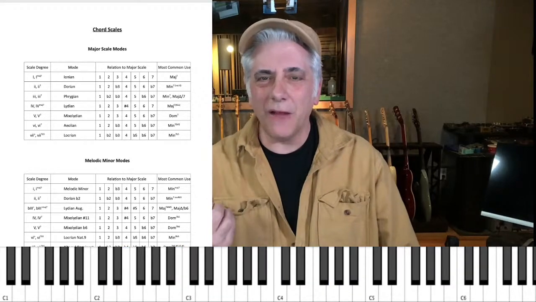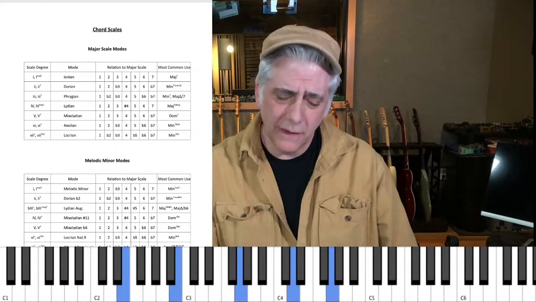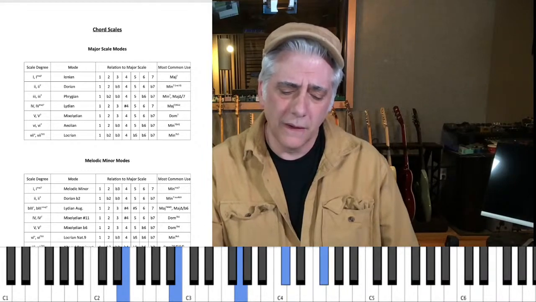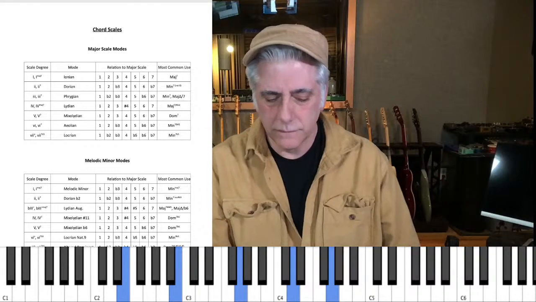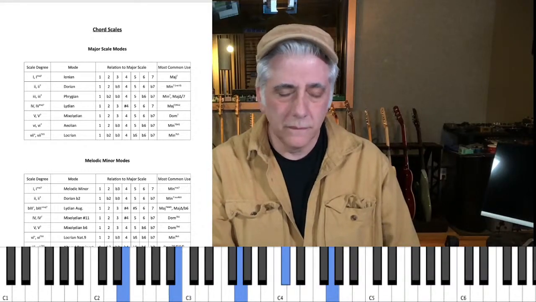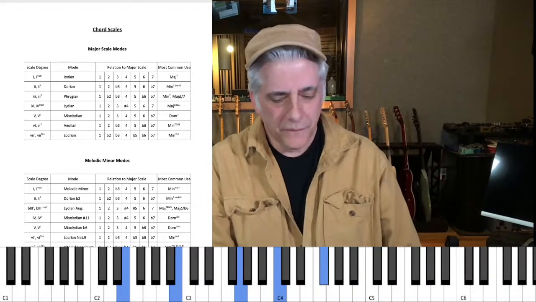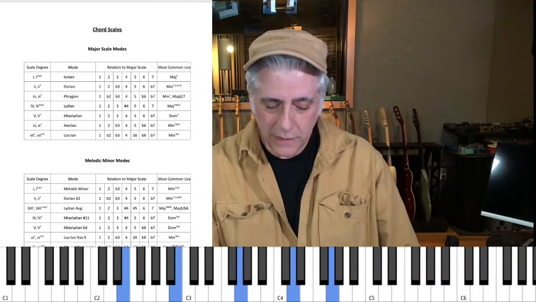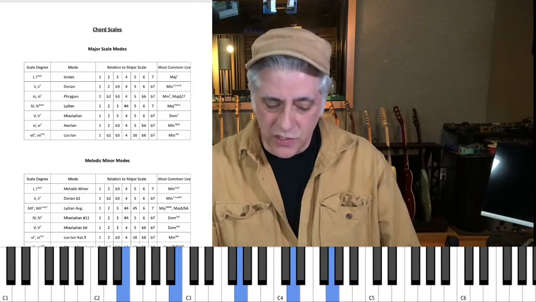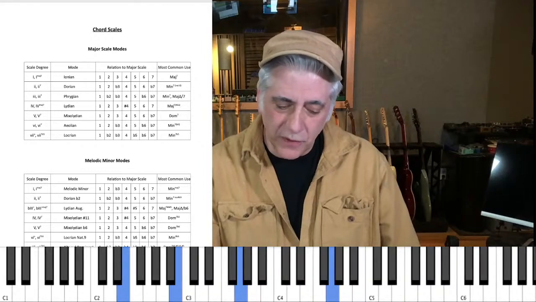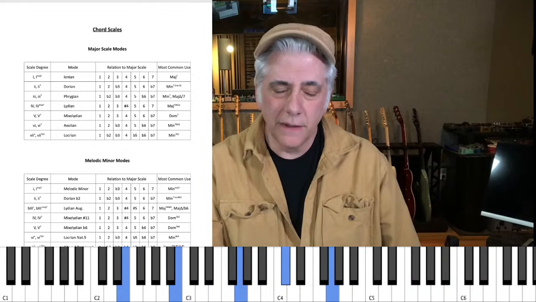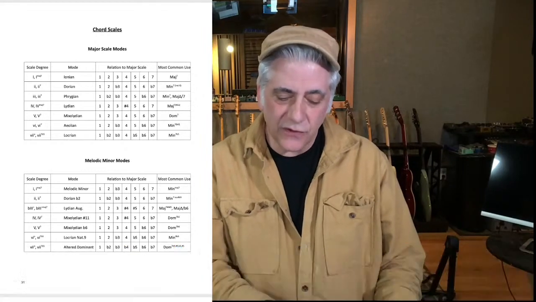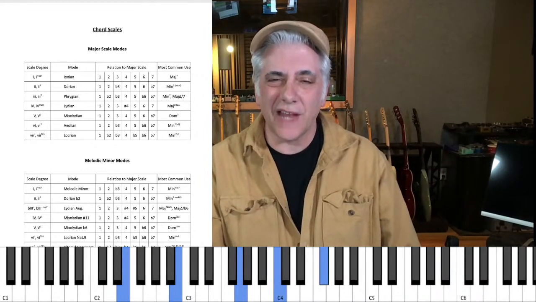Now you see that? If I use that, or, okay, so that would be like an E minor 7, then I drop to the natural 6, Dorian, then I drop to the flat 6 and the 2nd.